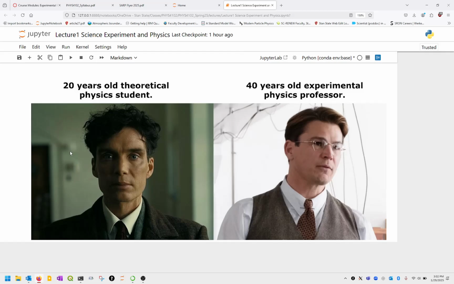If you've seen the movie, they're trying to showcase that Oppenheimer is bad in the lab. He doesn't know how to do stuff in the lab, but he's a good theorist instead. Lawrence is much better, he can build stuff that works and actually gets results out of them. This is a divide that tends to happen more in physics than other fields, actually.